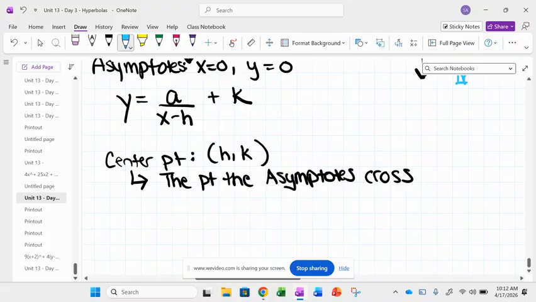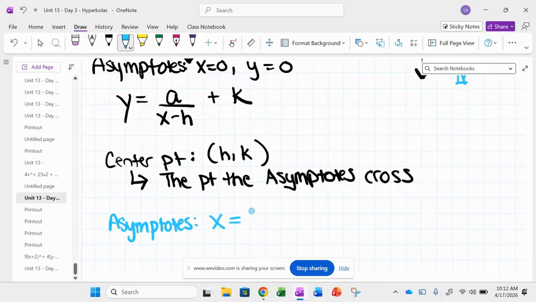And then once you get your center point, for the asymptotes, we're going to have one asymptote, which is x equals h, and another asymptote, which will be y equals k. So it'll always be one vertical line and one horizontal line for your asymptotes.